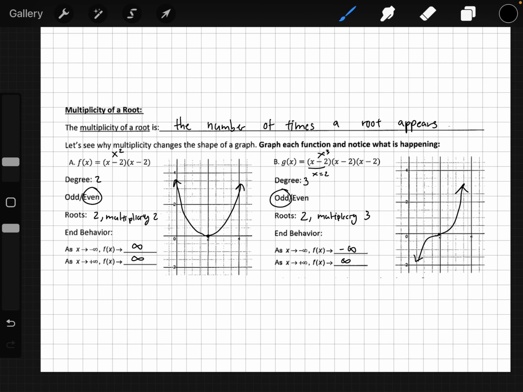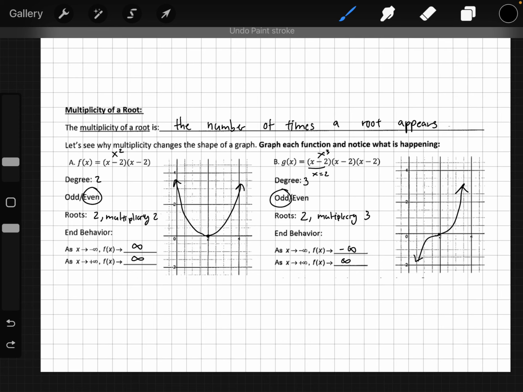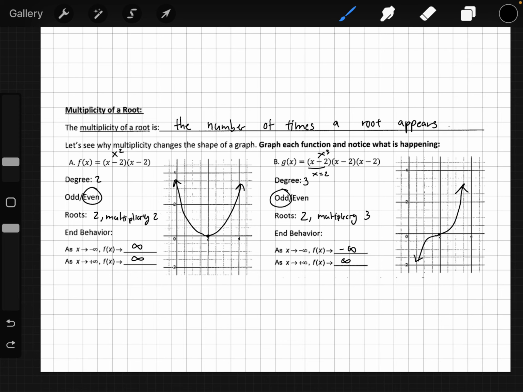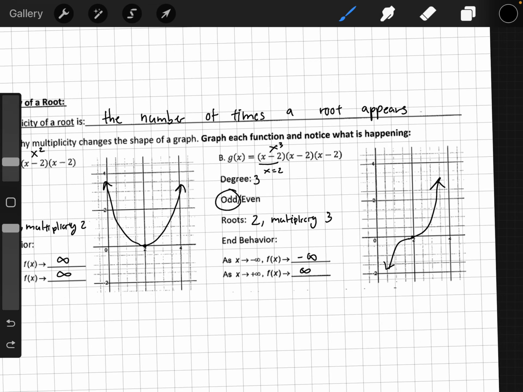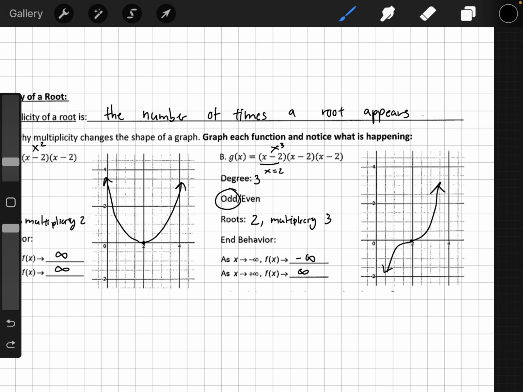So what we notice about these two shapes is that at the root here, where x equals 2, the graph did not go through this point. Whereas in this odd function, where the root equals 2, it goes through the point.